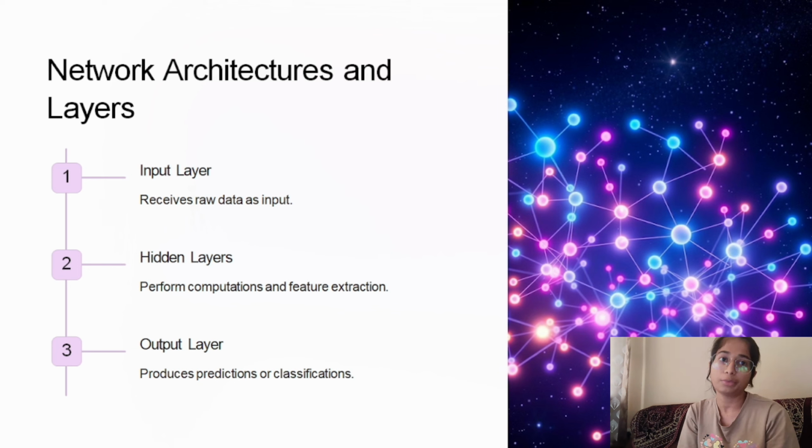The output layer gives the final output, the analysis, the pattern, the trend of the data. So basically, the input layer takes the data, the hidden layer works on it, and the output layer gives us the desired output.